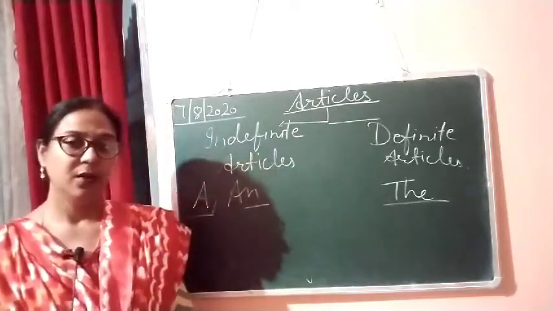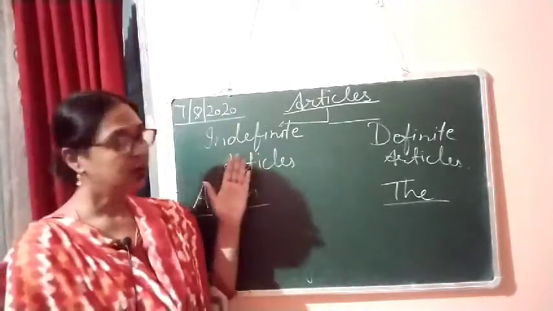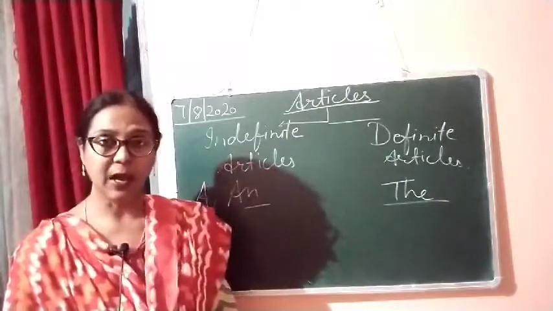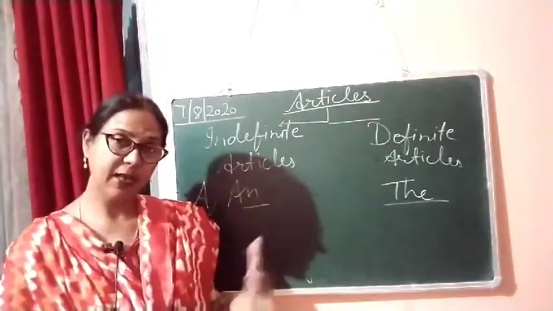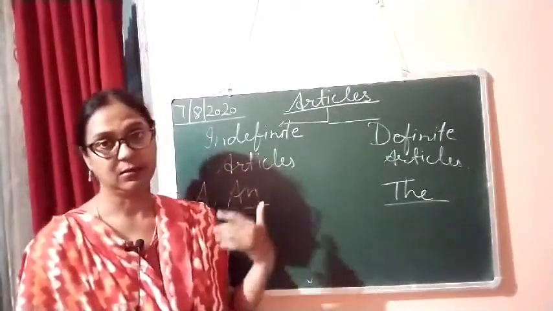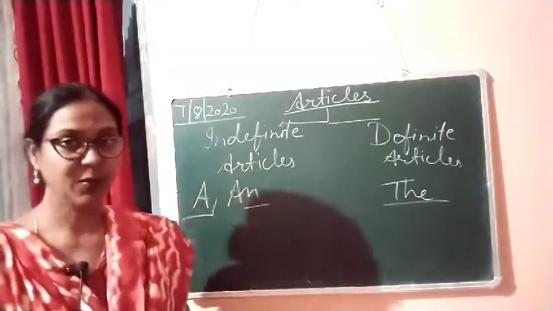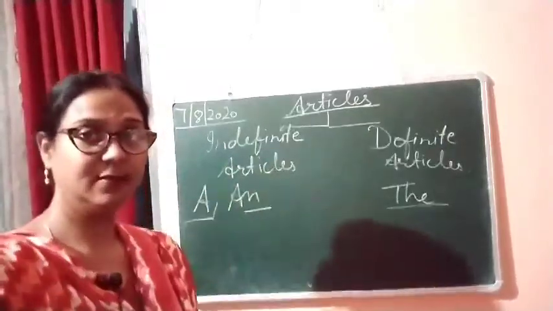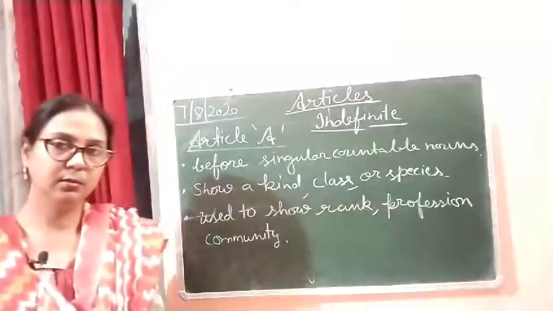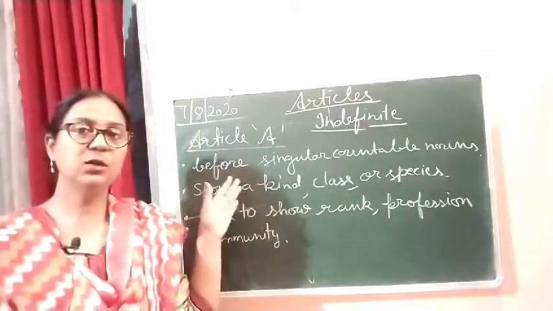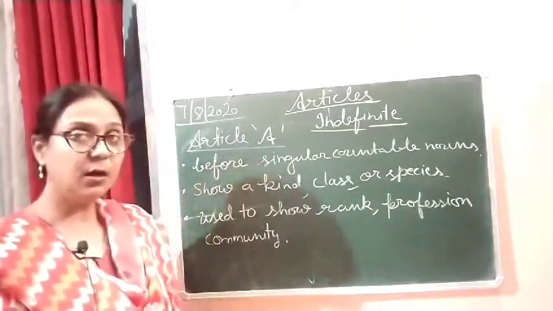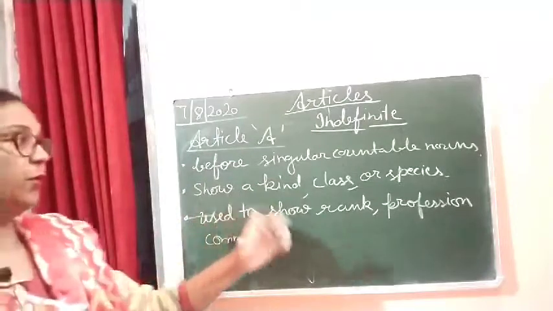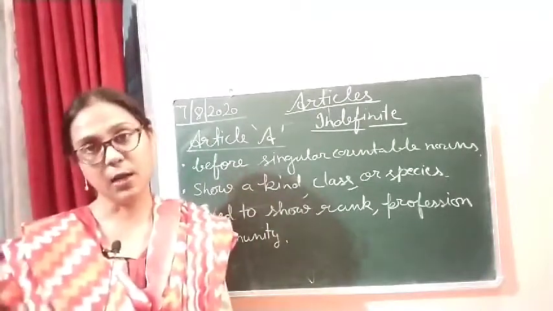Now we are going to learn about a and an first, and then we will discuss the. So now let's start. First of all, how do we use the article a? The article a is used before a singular countable noun.